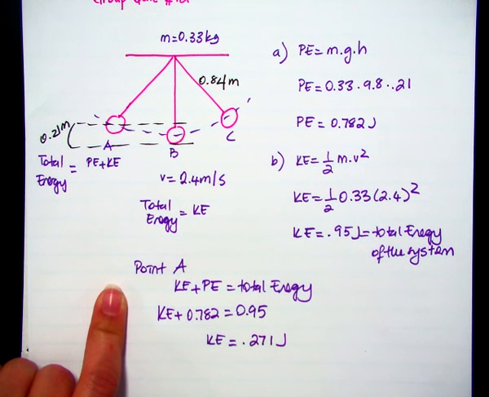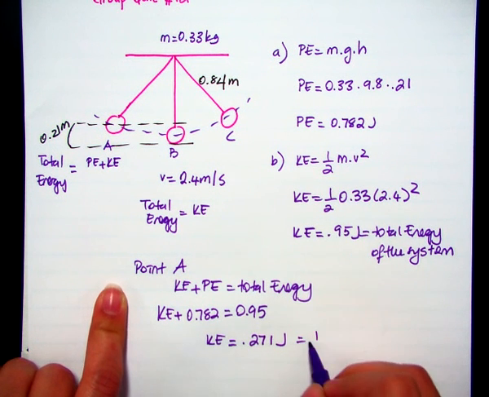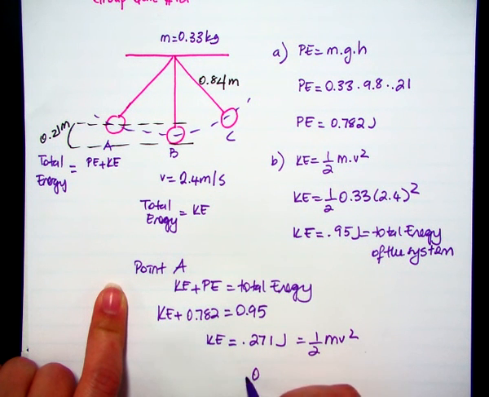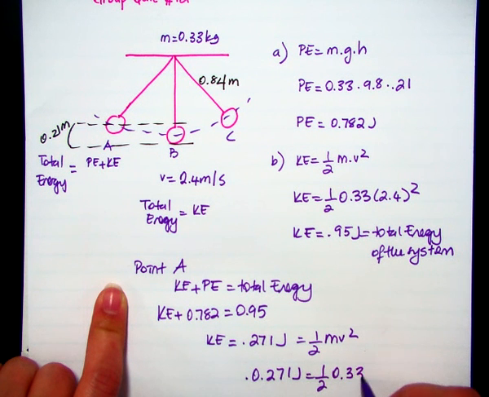If you know the kinetic energy, it is easy to find out the velocity, because we know the mass of the bob, which is 0.33, and then if you solve it, you will get velocity 1.2 meters per second.